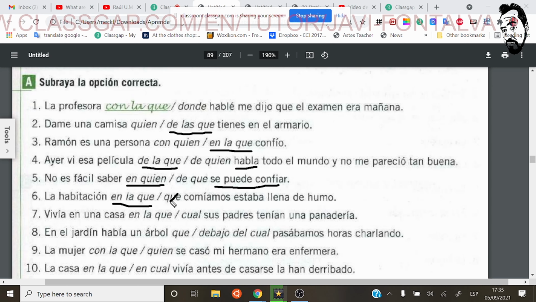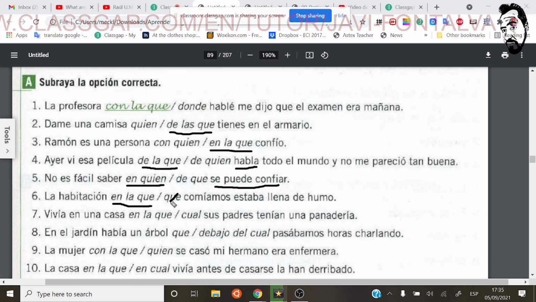Okay, 13. La mujer que vimos en el museo era una pintora famosa. So, vimos. If I have the preposition here, it will be a la que.